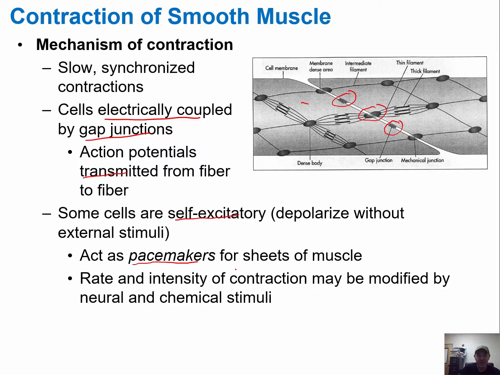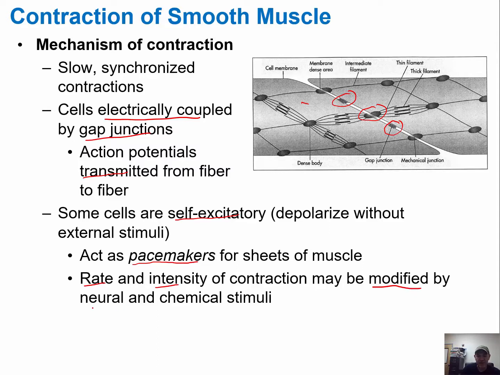And cardiac muscle kind of behaves the same way. There are special structures within the heart that serve as pacemakers and are self-excitatory, depolarizing and repolarizing in a rhythm. But the pacemaking itself can be modified, both in the rate and the intensity of the contractions.